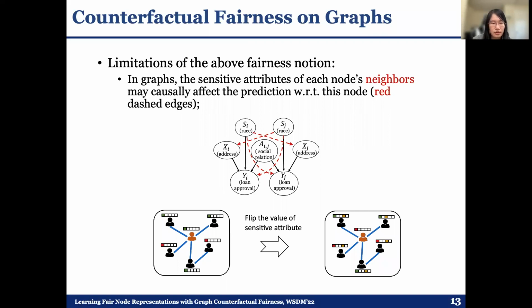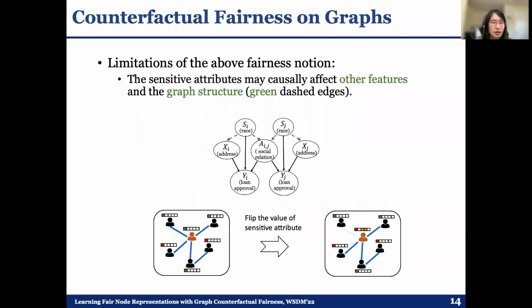Here we should notice that after we flip the value of the sensitive attribute, the features, which we highlighted in yellow, of other neighbors may also be correspondingly influenced.